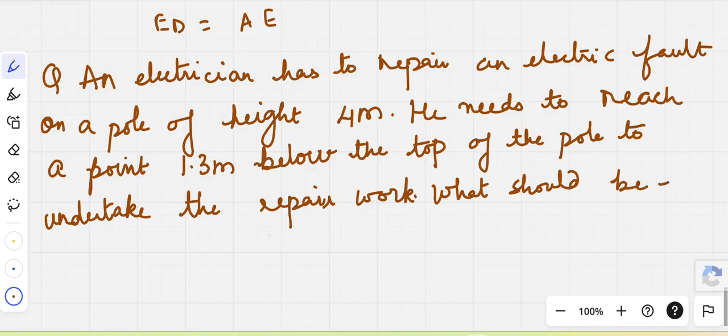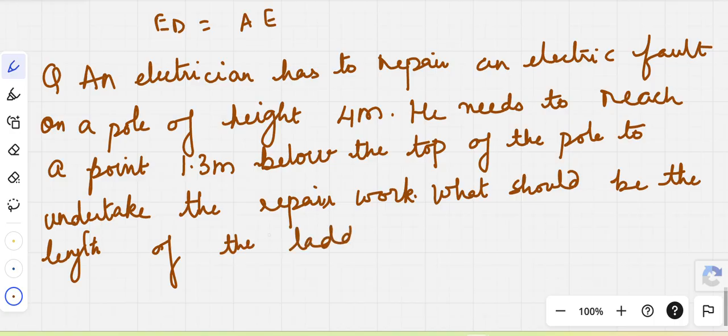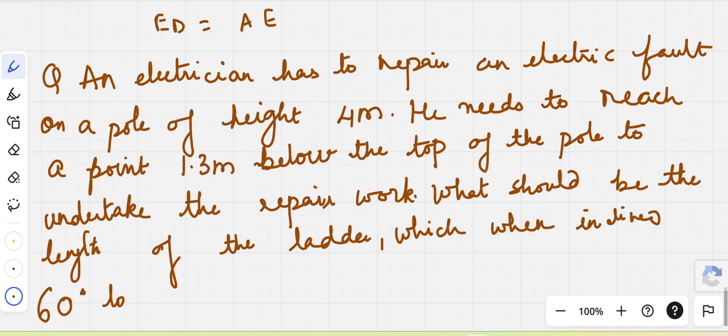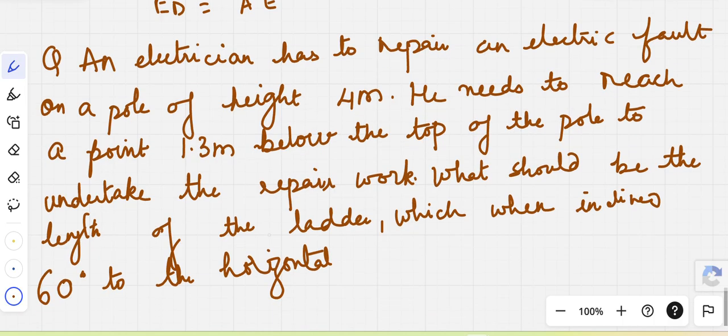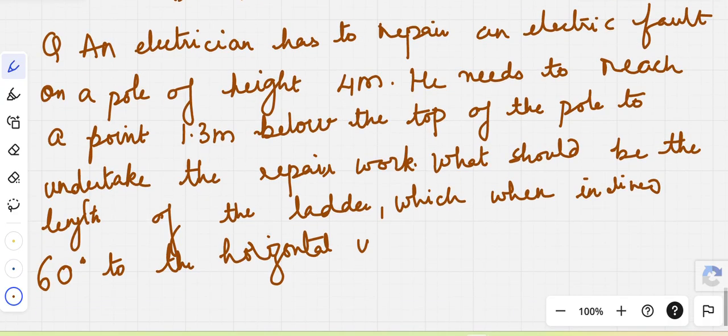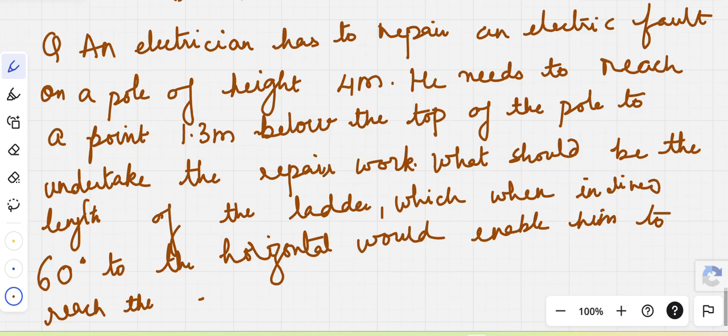But read properly and do. Inclined. Required position.